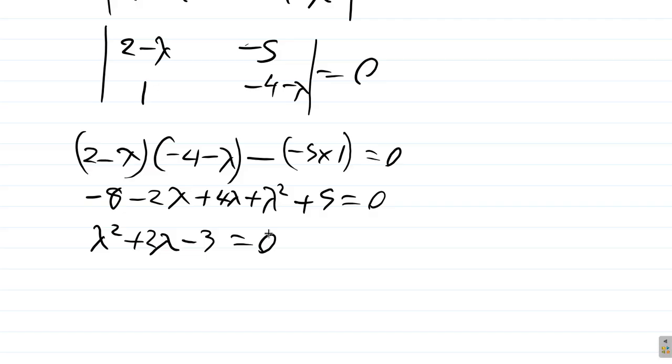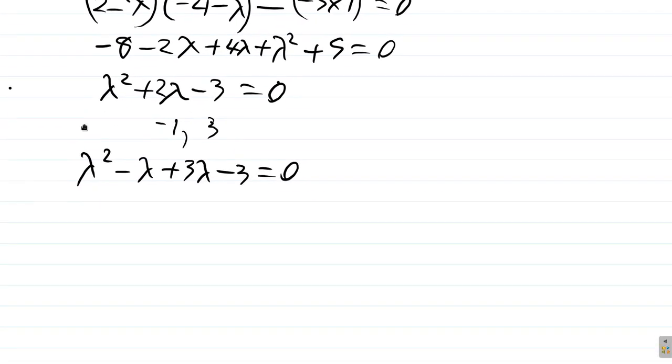Let me see something. AC method. 1 by negative 3. Okay. If you have 1 and 3, negative 1 by positive 3 is negative 3. So that's A by C. And for B, negative 1 plus 3 is 2. Right. It can be factorized. So you have lambda squared. You split the 2 lambda into negative 1 lambda plus 3 lambda minus 3 equals 0.